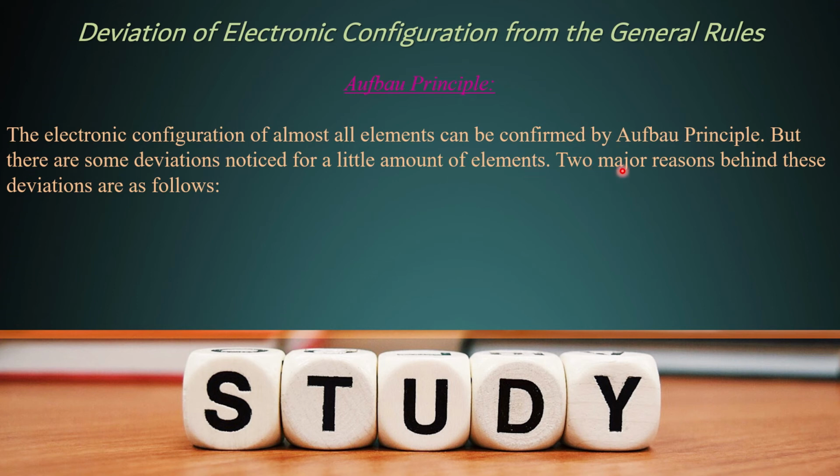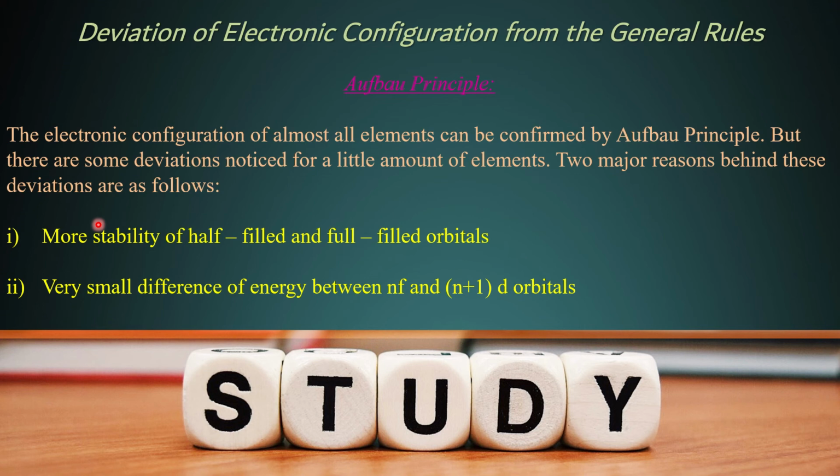The reasons behind these deviations are, first, the more stability of half-filled and full-filled orbitals, and second, the very small difference of energy between (n-1)d and ns orbitals. For these two reasons, very few elements don't follow the Aufbau principle, or the electronic configuration deviates from the general rule.